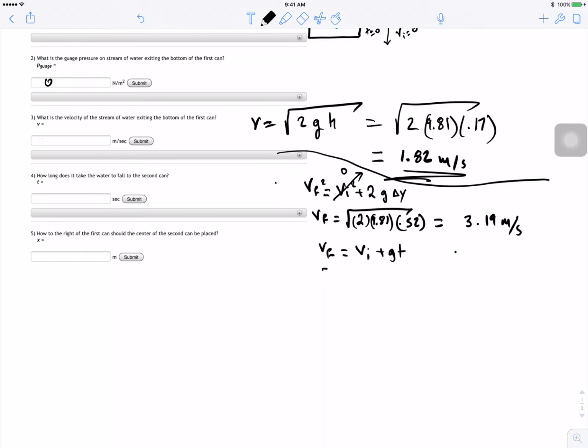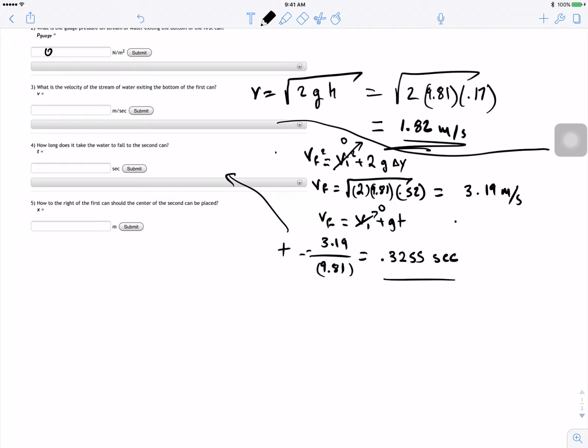So we know v final, which is 3.19, divided by g, and the initial is also still 0, so 9.81. So this is the time now. So t is equal to 0.3255 seconds. Okay, so this is for number 4.